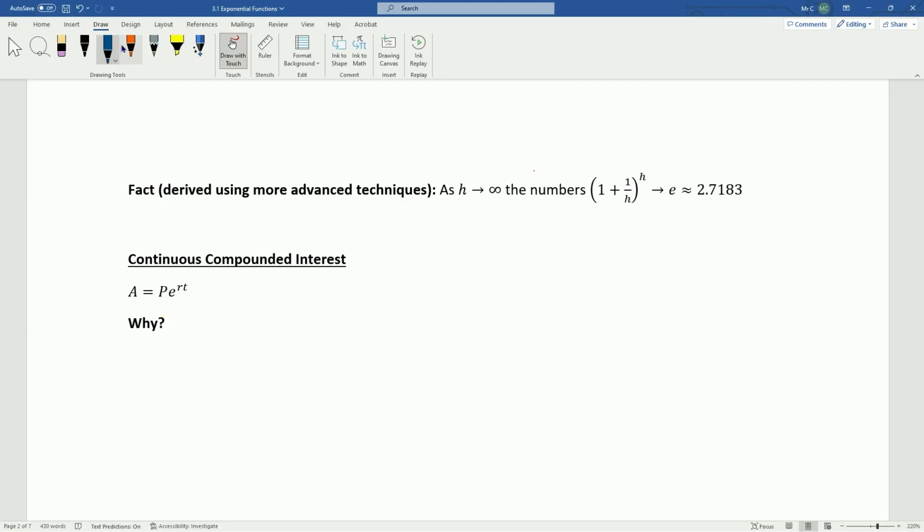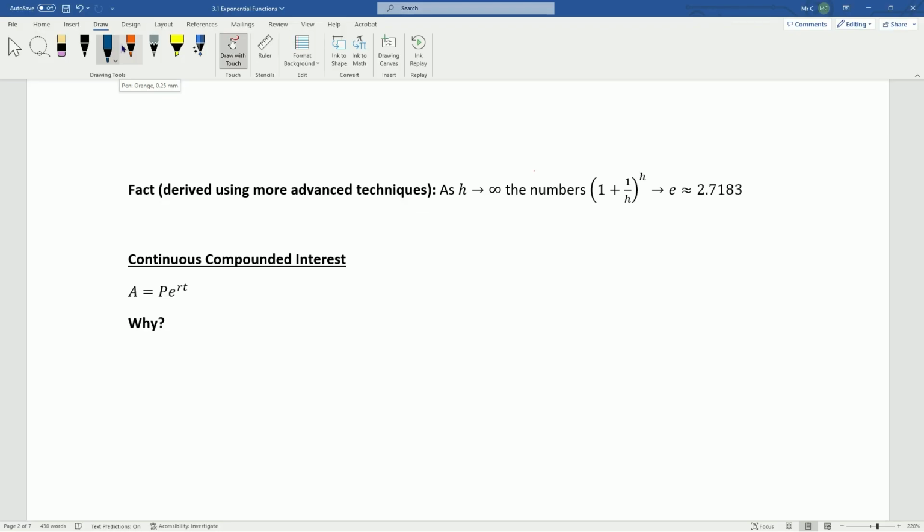Well, as we hopefully realized from the previous example, the more often you compound interest, the more money you get. So if you can compound interest every second, you're going to be making way more money than you did just every month. And if you could imagine compounding interest every instant, how much money would you make? Of course, banks, when they're charging interest, want to make the most money they possibly can, so they tend to charge continuous compounding interest.